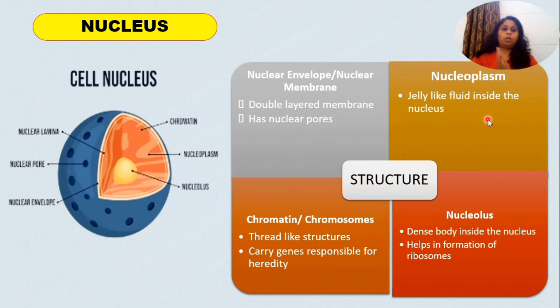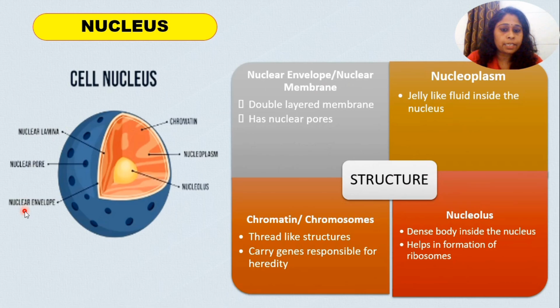Okay, so when we talk about the structure of a nucleus, it contains a nuclear envelope or a nuclear membrane. Now, what is that? It is a double layered membrane and it has nuclear pores. Then it contains nucleoplasm, which is a jelly-like fluid substance that is present inside the nucleus. Clear?